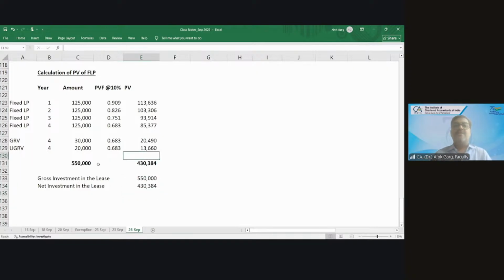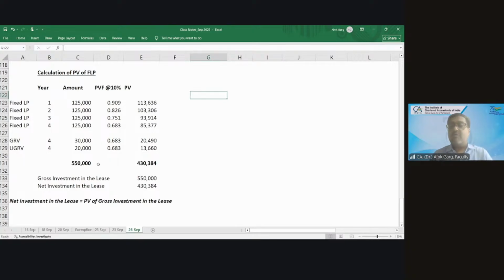This present value of gross investment is known as the net investment in the lease, which is now also known as the finance lease receivable. So net investment in the lease is equal to the present value of gross investment in the lease.